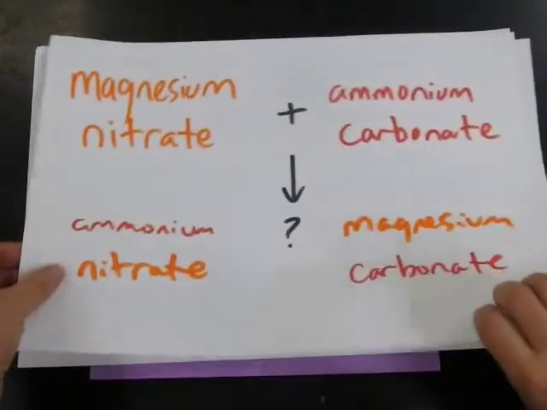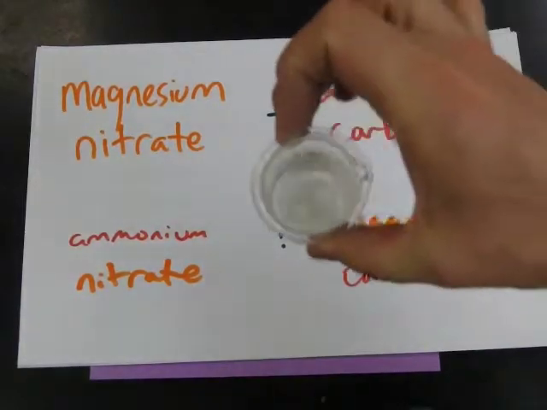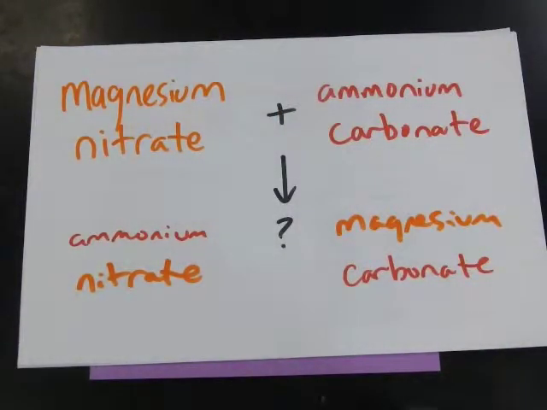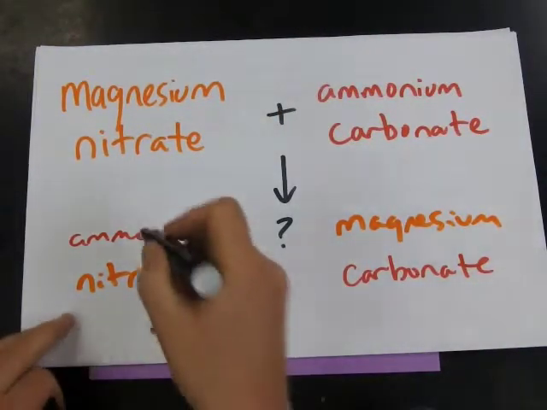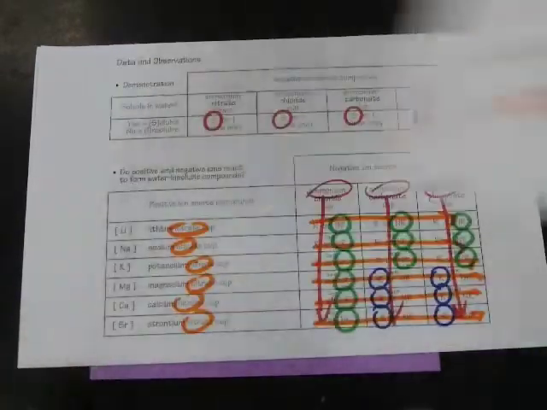So for just looking at this one cup, cup number 10, where there's the cloudy material, we can tell that the cloudy material in there is not the ammonium nitrate. We can tell that, one, because if it were ammonium nitrate, then all 18 of the cups would have shown a reaction.